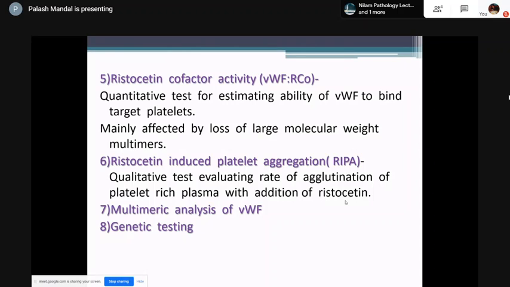And we can also analyze the von Willebrand factor directly by multimeric analysis and genetic testing, of course, which is expensive, by PCR based methods.